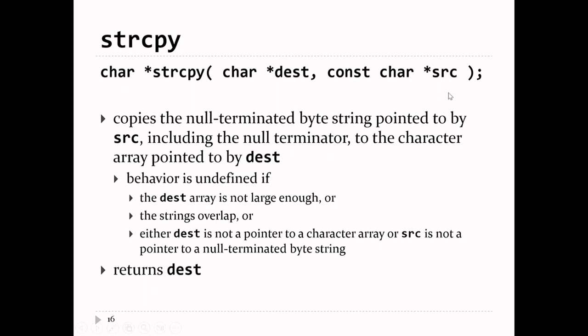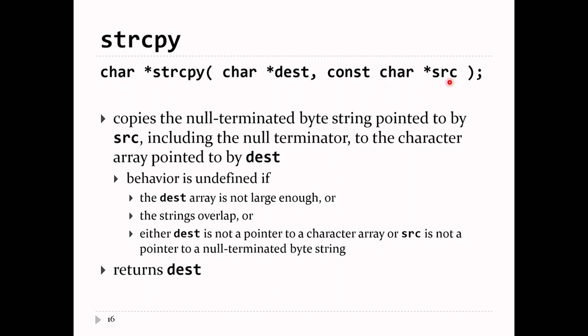You also can't copy a string into itself with this function. Source and dest are not supposed to be pointers into the same array, and if you think about that for a second, you'll realize why. They can't overlap.